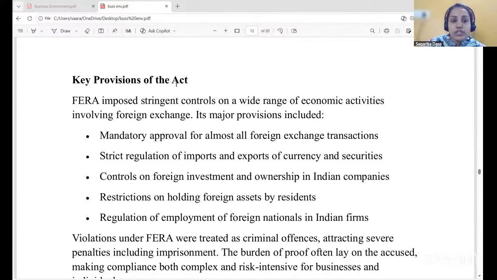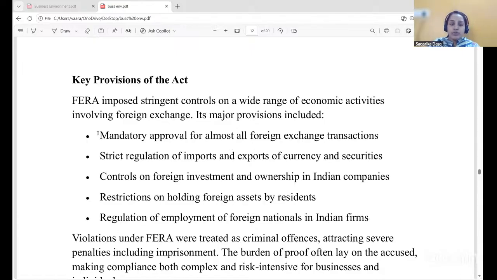Now, the key provisions of this act. The major provisions are mandatory approval for almost all foreign exchange transactions. It is very important, very compulsory for all types of foreign exchange transactions. Strict regulation of import and export of currencies and securities, control on foreign investment and ownership in Indian companies, restriction on holding foreign assets by residents, and regulation of employment of foreign nationals in Indian firms.